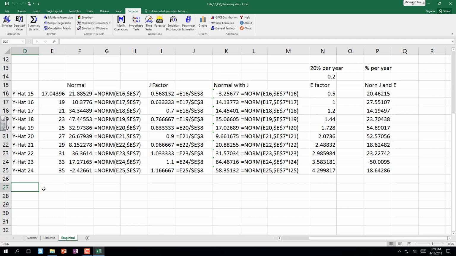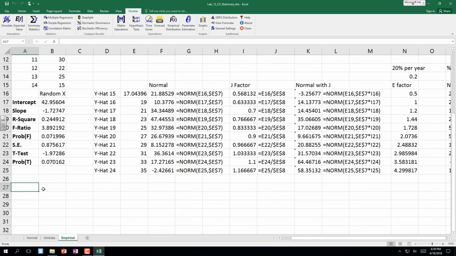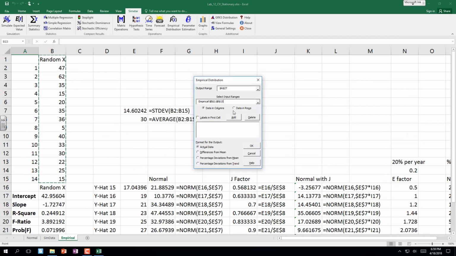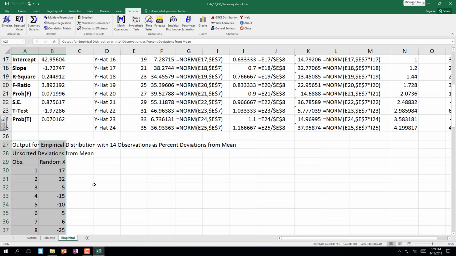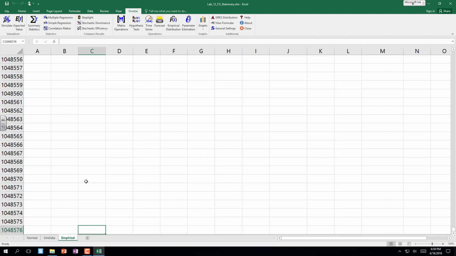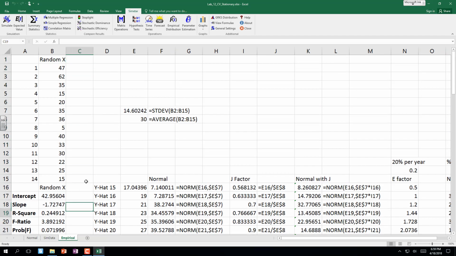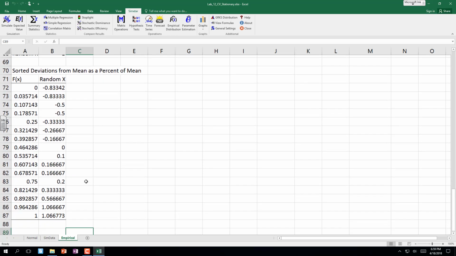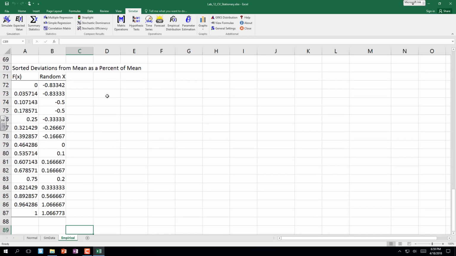If you were to come over to column A and do an f of x on that column of random values for x, labels, add percent deviations from mean or trend, it doesn't matter. And we can come down, whoa, that's way down there. With one variable, we don't have to do much to it.